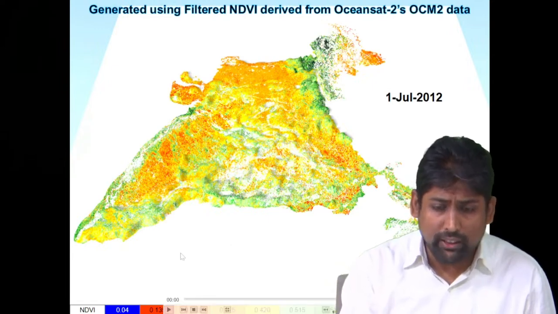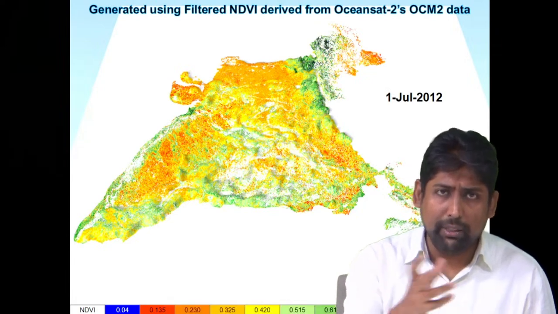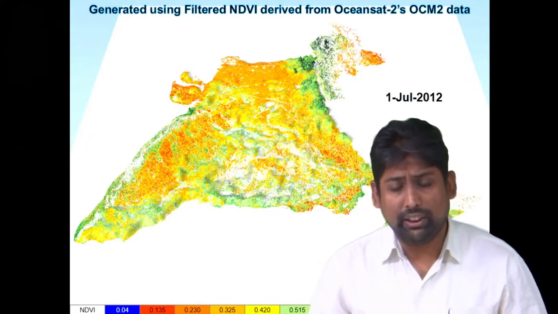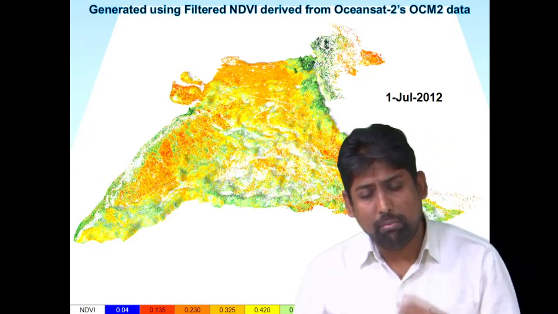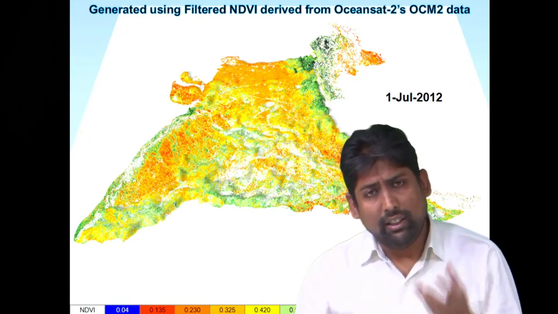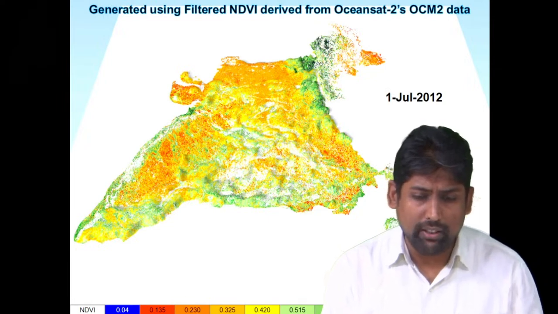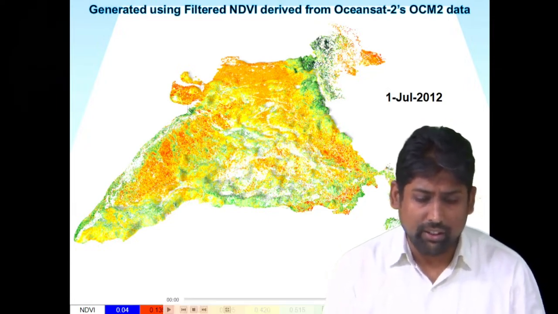So you will see here, I have paused the video now, that the higher the NDVI, NDVI basically stands for normalized difference vegetation index, the higher the value means the greener the area, the lesser the value, the more barren earth or no greenness or no vegetation in that area.